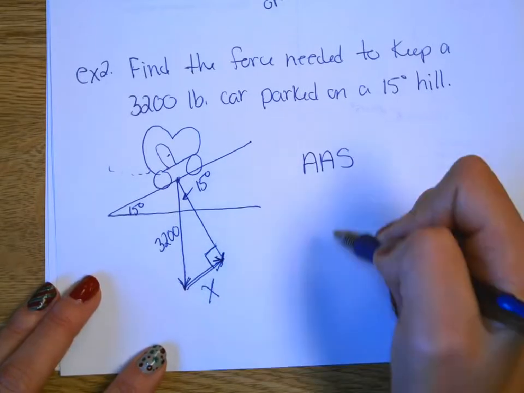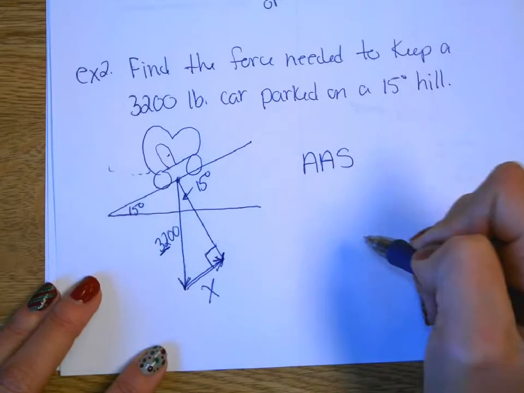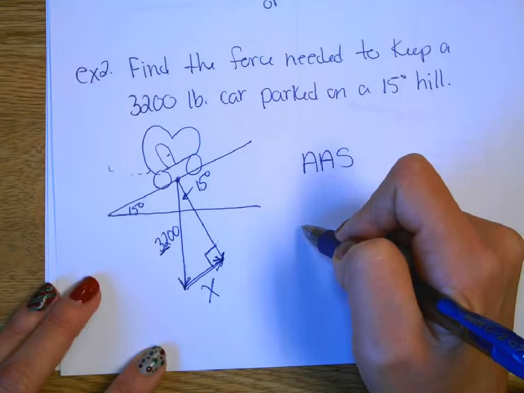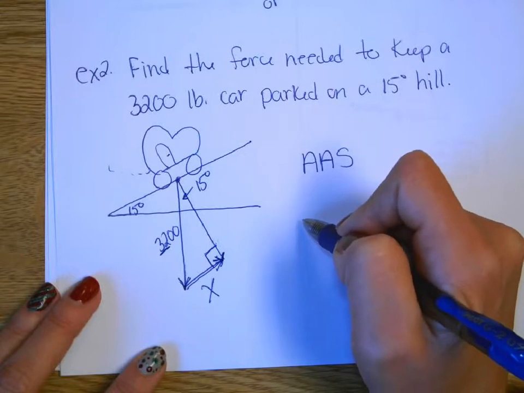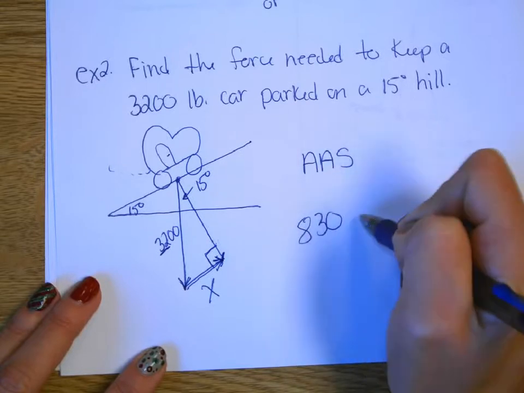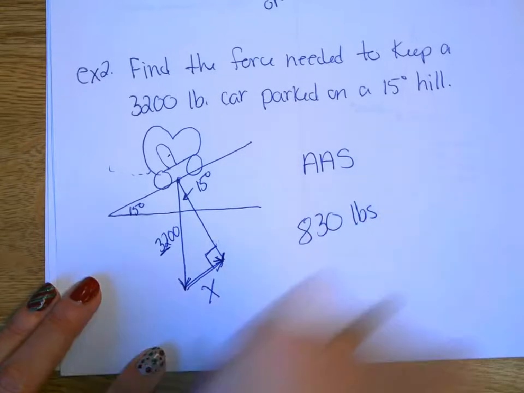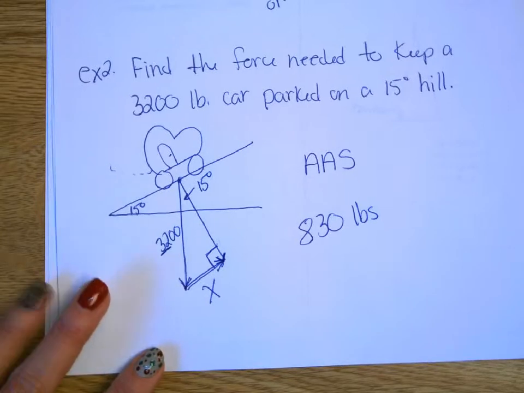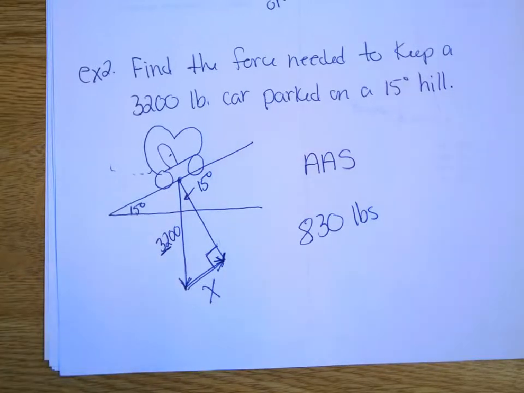What is the answer, Austin? 2 sig figs they're going to give you on these when you look them up in the book. So then that would be 830. So if the brakes gave out on the car, you'd need a couple people to be able to hold 830 pounds.